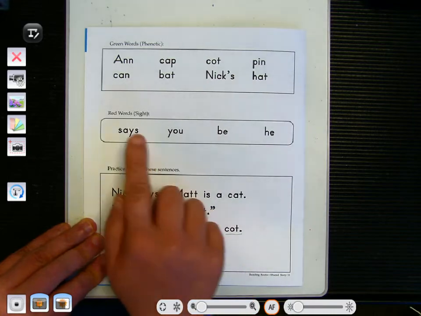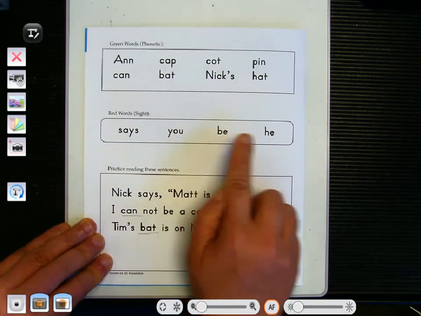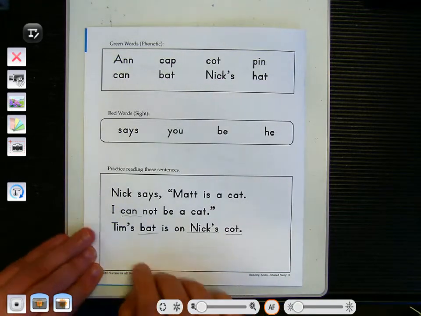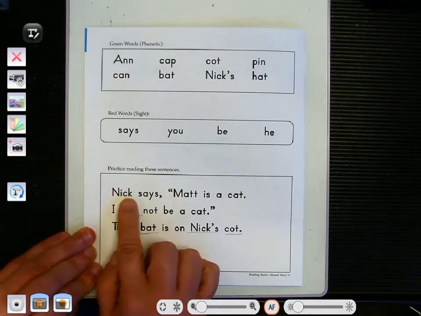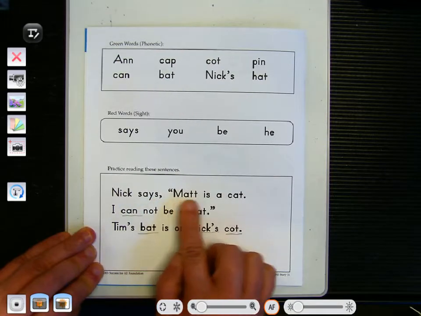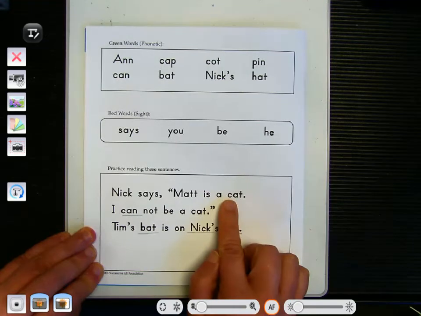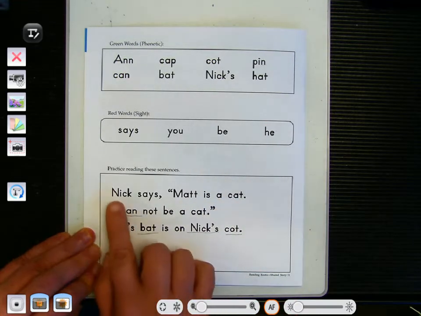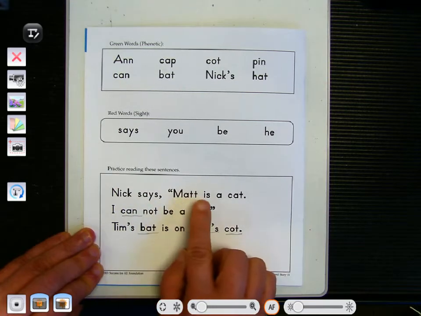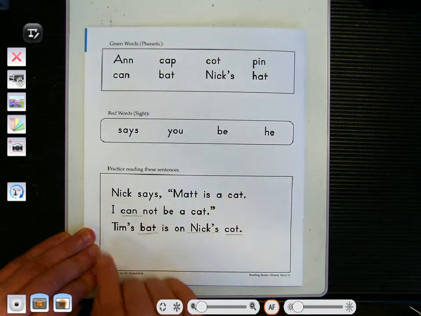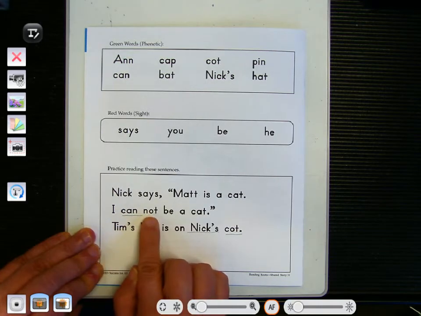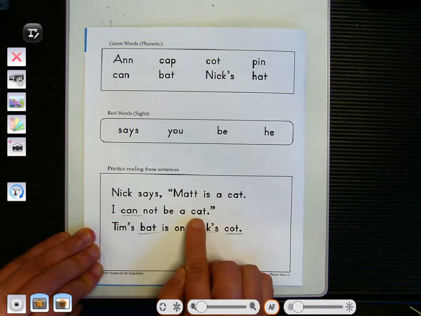Say them fluently. All right, let's practice reading our sentences. Nick says Matt is a cat. Your turn. I cannot be a cat.